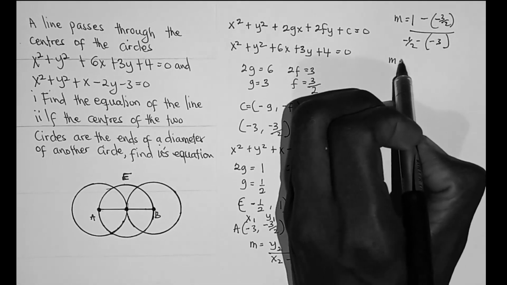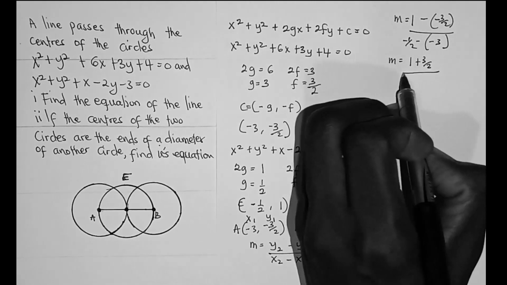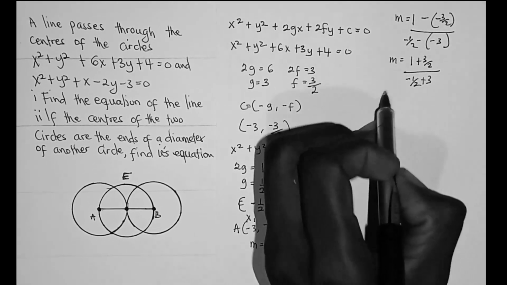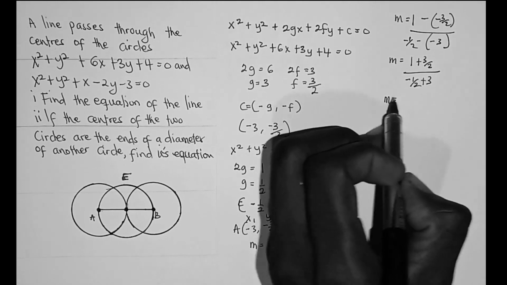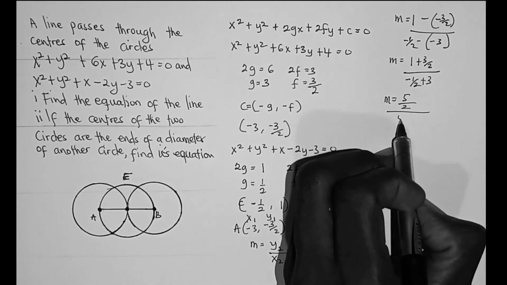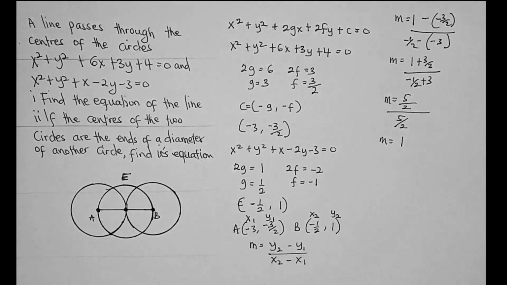So m is equal to 1 plus 3 over 2, divided by minus 1 over 2 plus 3. So the gradient m is equal to 5 over 2 all divided by 5 over 2. And so m is equal to 1.